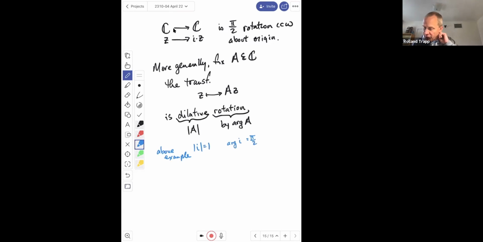So since there's no dilation, it's simply a rotation, and you're just rotating by pi over 2. And that's what we found there. When you change this from i to a more general complex number, you could also have some dilation along with the rotation. You'll always rotate by the argument of that a, and you'll always dilate by the modulus of that a.